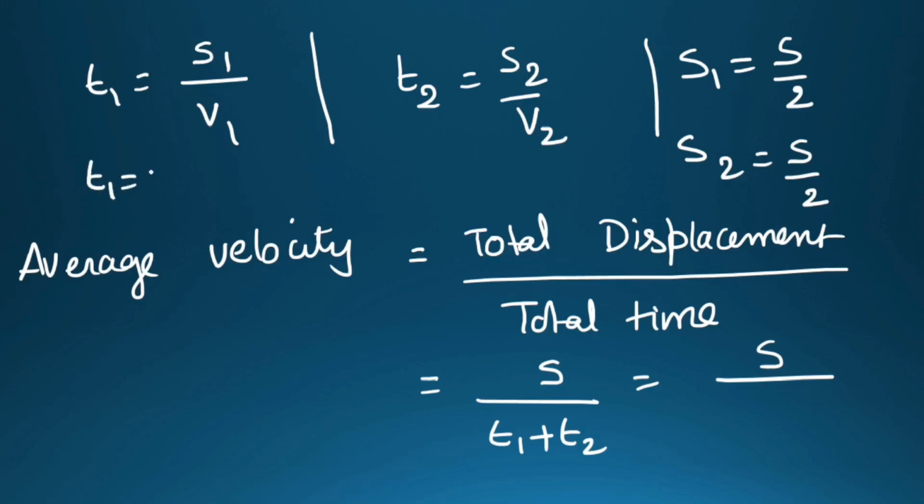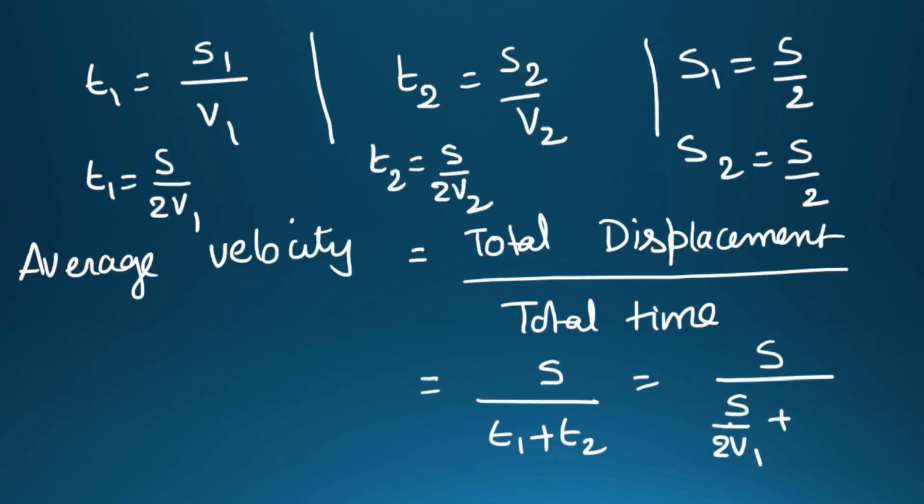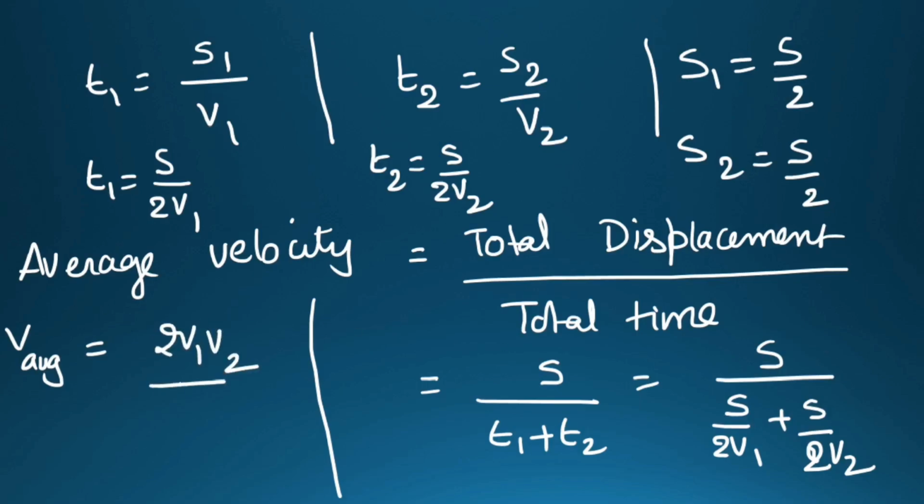T1 is nothing but S by 2V1 because S1 is S by 2. So S by 2V1 plus T2. T2 is S by 2V2. Now, taking S common and cancelling S, you will get 2V1V2 by V1 plus V2.